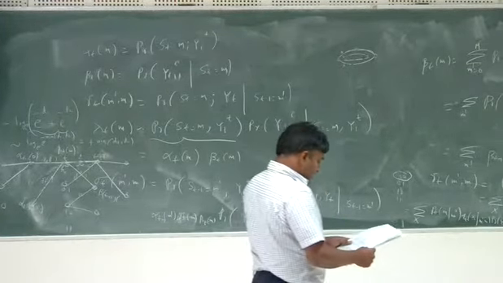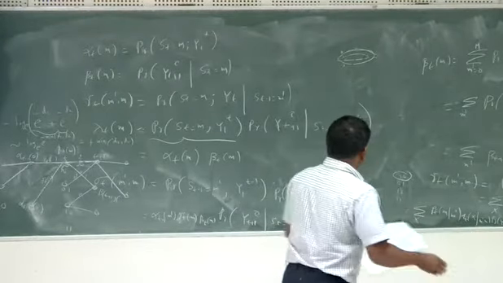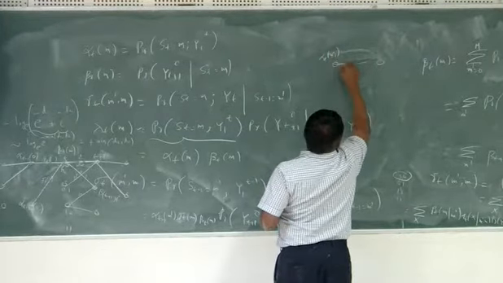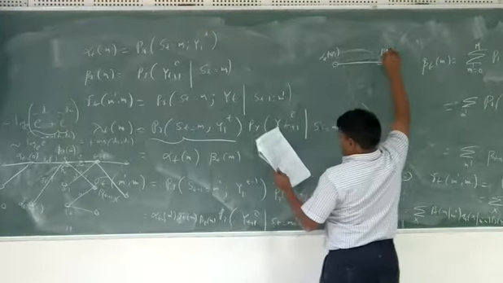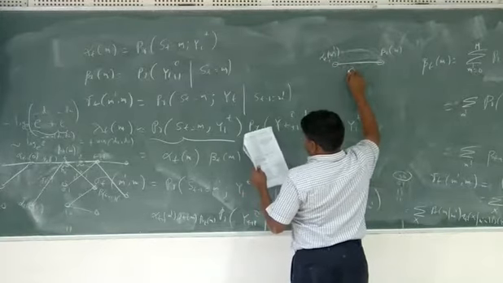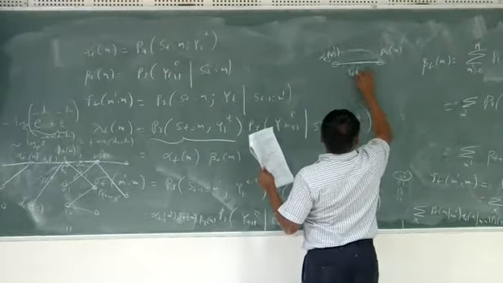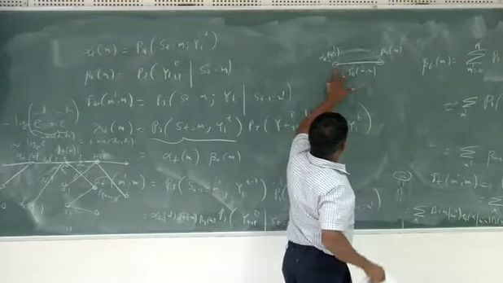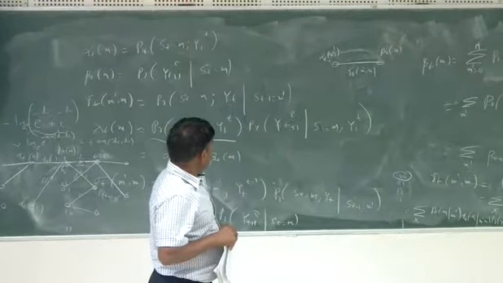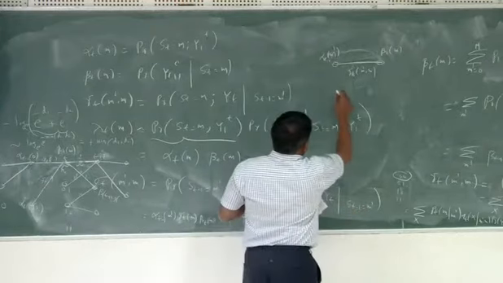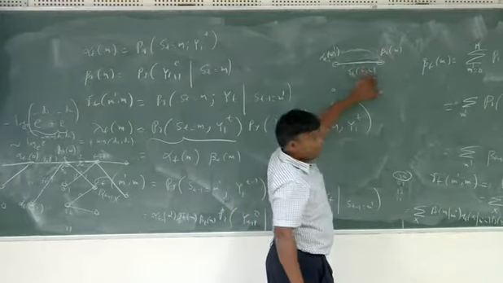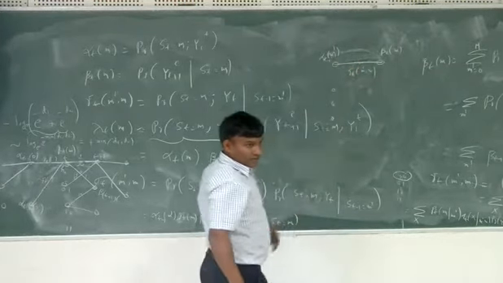Sigma t of m prime comma m just deals with this. It's not giving you anything new. You need to find the APPs of these 1, 2, 3, 4. For that you need all of them anyway.